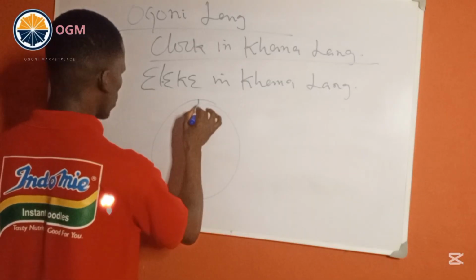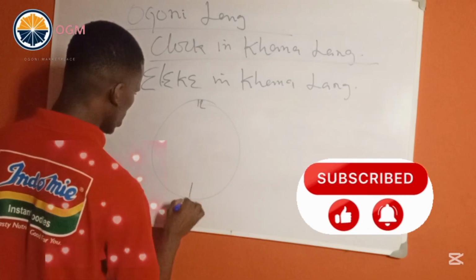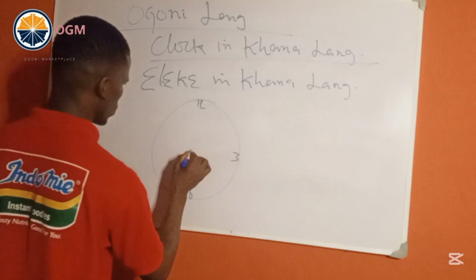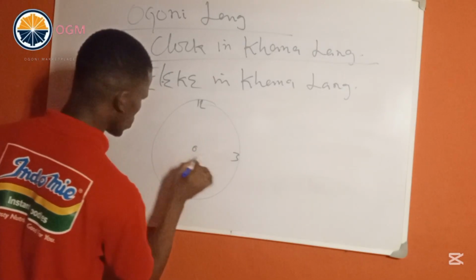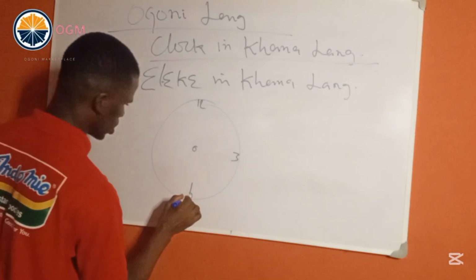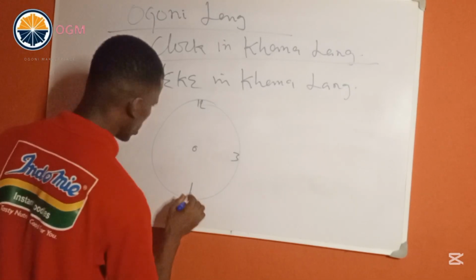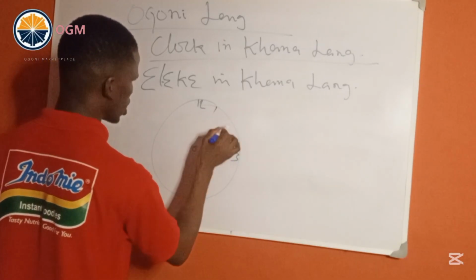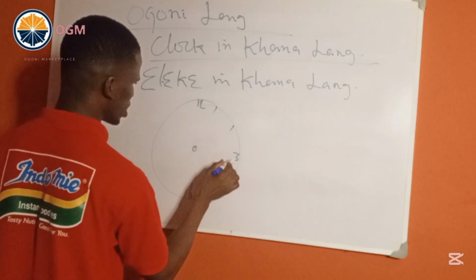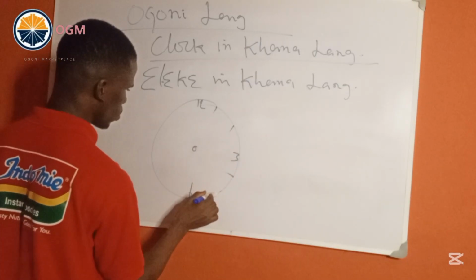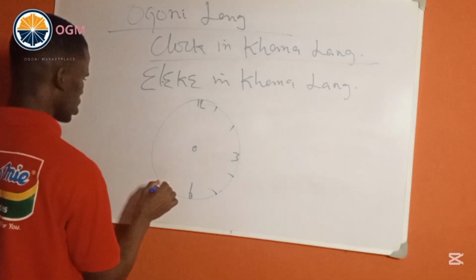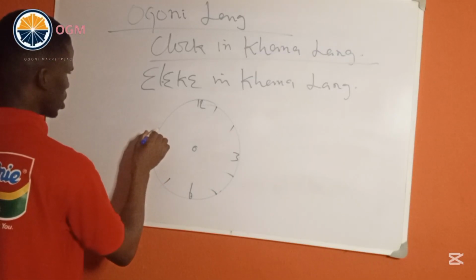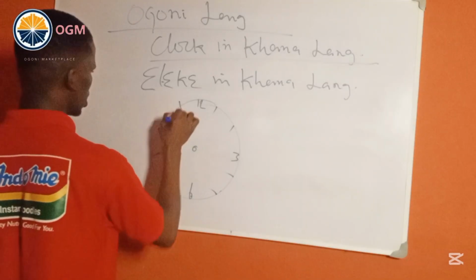Here we have 12, here we have 6, and we have 3 here. What should be here? Here is 6. We are counting like this: 12, this should be 1, here should be 2, here should be 3, 4, 5, 6, 7, 8, 9, 10, and 11.